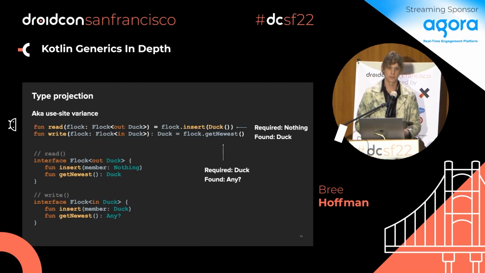It's not actually going to explicitly reference variance or the variance annotation when it warns you, but this is the kind of warning that it will give you, and hopefully when you have a grasp of variance and the kinds of things that you're allowed to do when working with these variance annotations, it will make a bit more sense. If you were to try to read something from that covariant flock inside the write function, it would tell you that it requires a duck, but it found a nullable any.